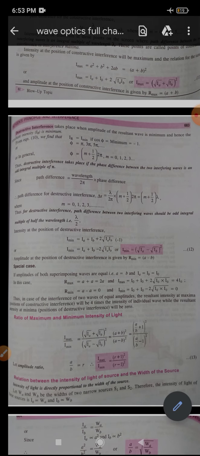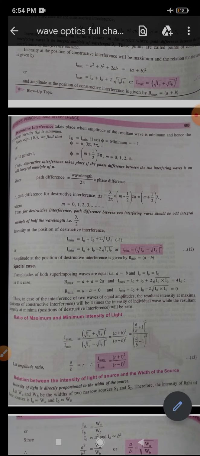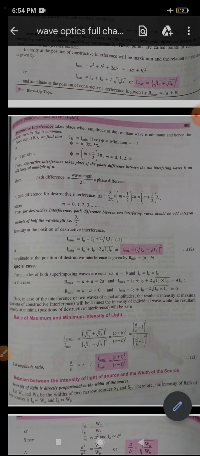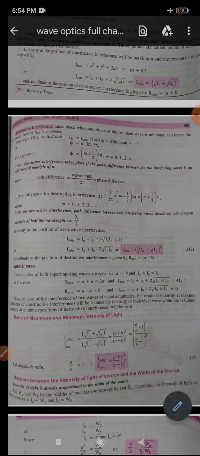This is the condition for constructive interference. In the case of destructive interference, it takes place if the phase difference between the two interfering waves is an odd integral multiple of pi. Path difference is equal to wavelength divided by 2 pi into phase difference. So the path difference for destructive interference is delta x equals lambda divided by 2 pi into an odd integral multiple, that is, m plus 1 by 2 into 2 pi, which equals m plus 1 by 2 into lambda.